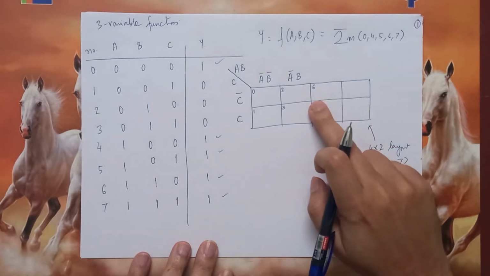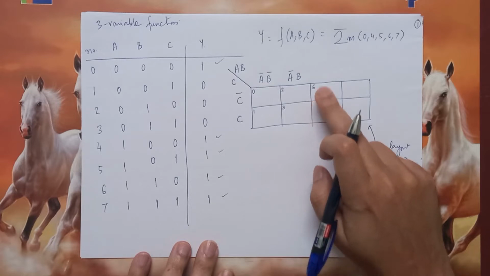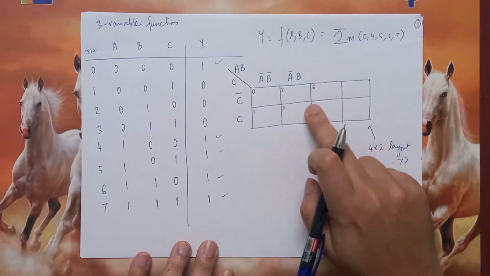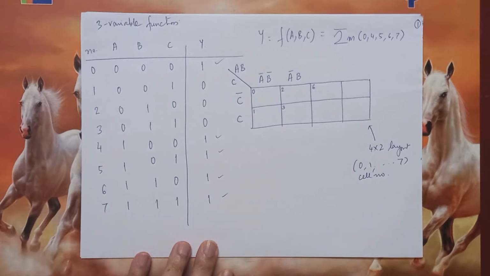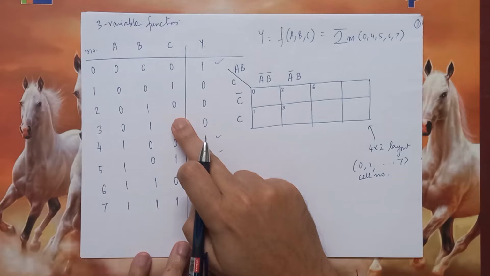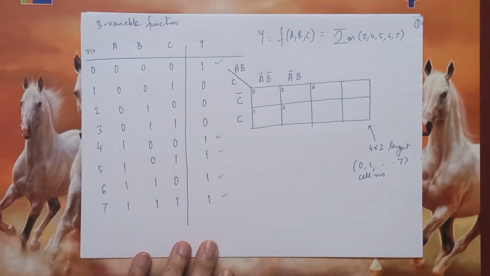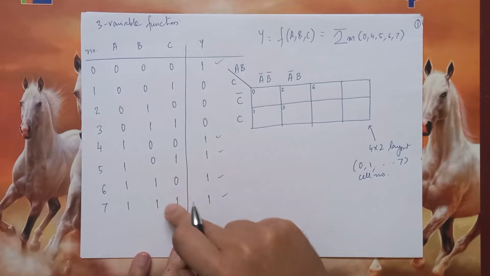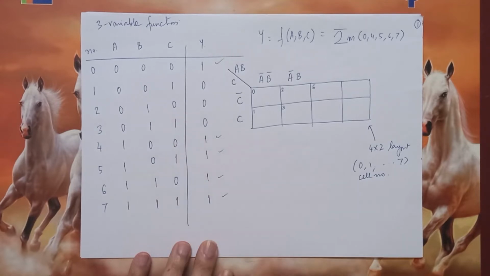Likewise, this cell number has to be such a number which differs from both 3 and 6 by 1 bit position. Now 2 is out of the picture. 3 is 0, 1, 1. 6 is 1, 1, 0. So if I have 7, that is 1, 1, 1, it differs from both 6 and 3 by only 1 bit position.